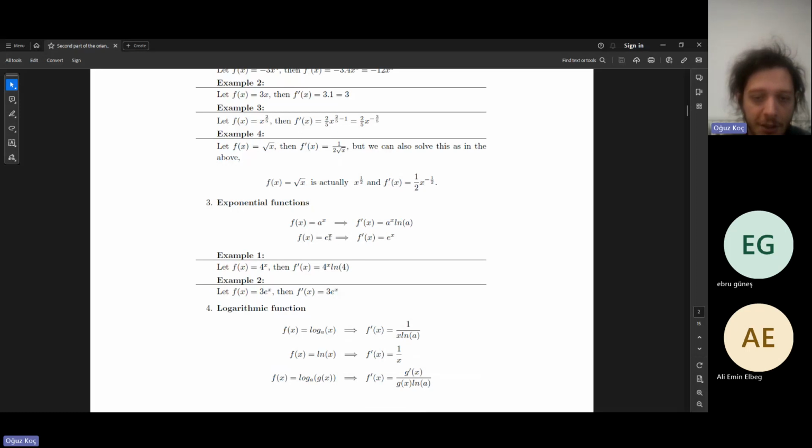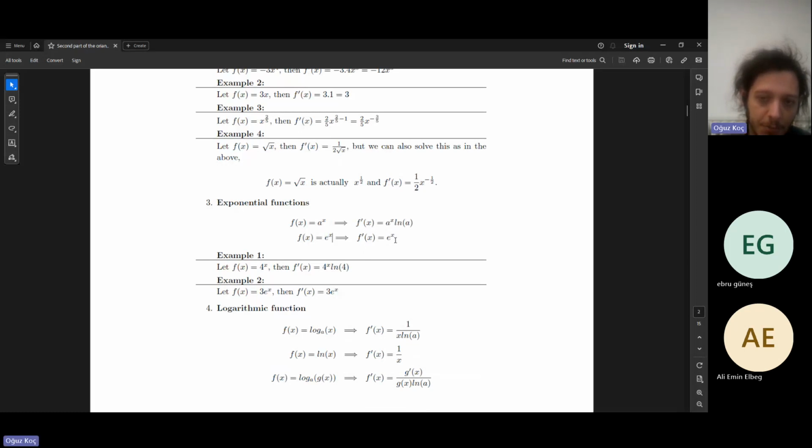And also we have another exponential function here, e to the x. If you take the derivative of this function, you get the same. This does not change. It gives you itself, because here the base is e.